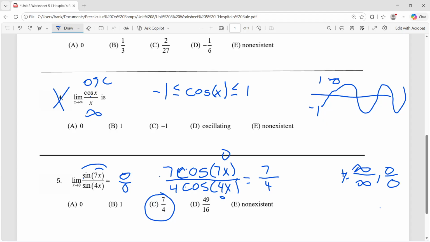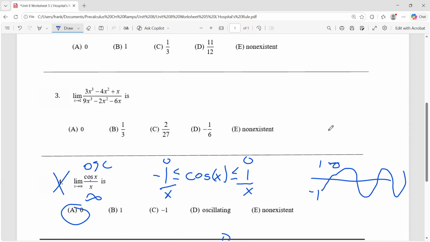So since I'm taking the limit as x goes to infinity, I'm going to divide by the highest power of x, which is x to the first. And negative 1 over x to the first is 0 as x goes to infinity. 1 over x as x goes to infinity is 0. So that's the limit. So the limit of cosine x over x must also be 0. But I can't get that from L'Hopital's rule. That comes from the squeeze theorem.